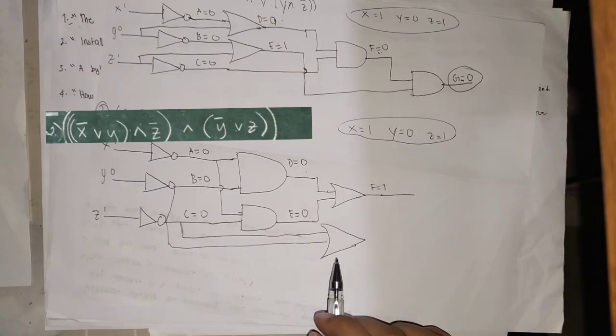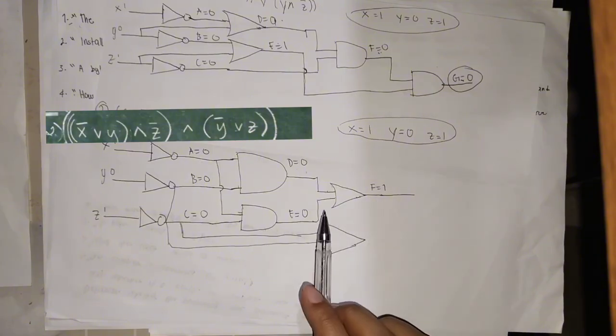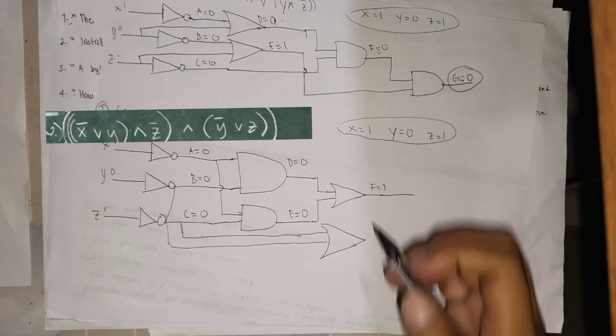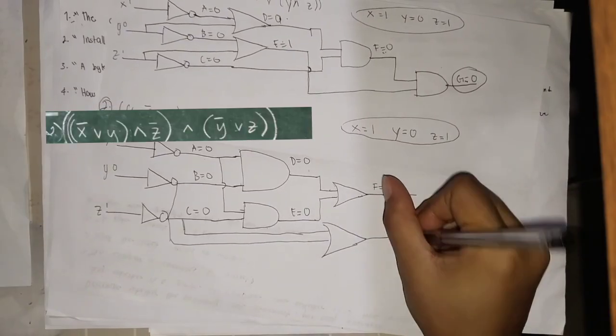If we input a 1, we get a 0, and if we input a 0, we get a 1. So this NOT gate takes F, which is a 1, as input. So G is equal to 0.